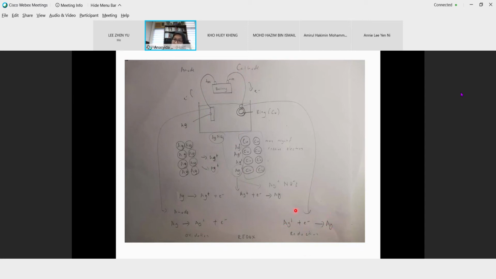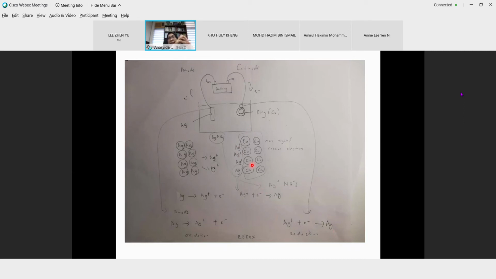So this we call reduction. So this is the complete process of reduction and oxidation. So then the ring is plated by Ag, by silver.